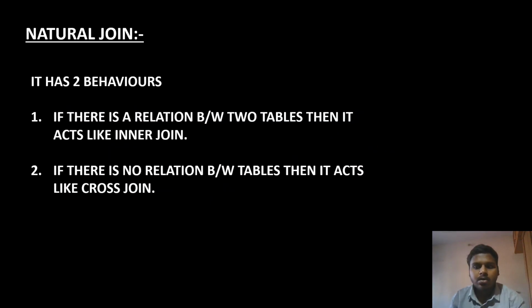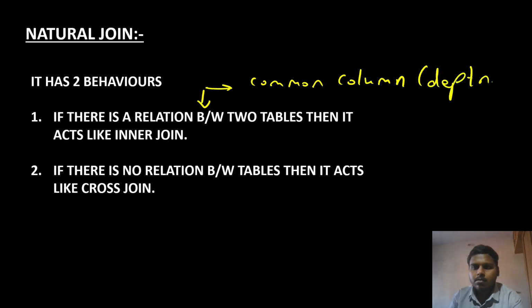Natural join. See guys, natural join has two behaviors. First of all, if there is a relationship between two tables, then it acts like an inner join, meaning if there is a common column, like the EMP and DPT tables' column, which is department number.